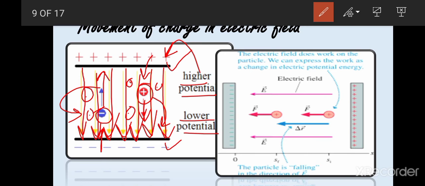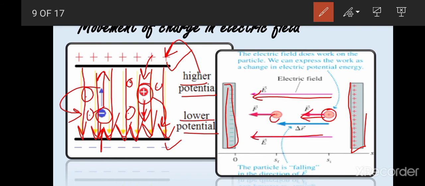As you can see, there is a positive plate and the second is a negative plate. These lines show the electric field. A positive charge is moving from this point to this point. The first point is this and this is the second point. So we can say that the particle is falling in the direction of the electric field. This is the direction of the electric field, and this is the direction of movement of the positive charge.